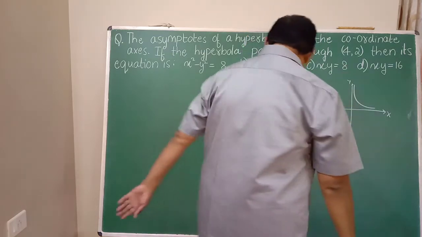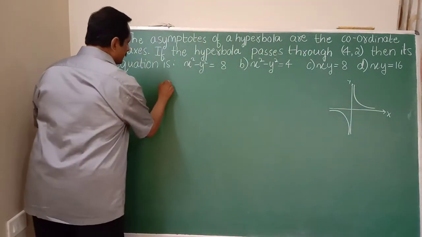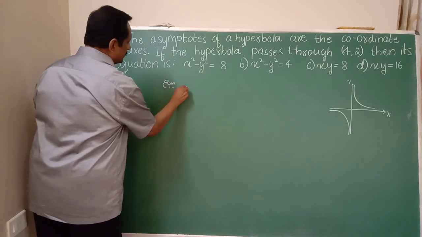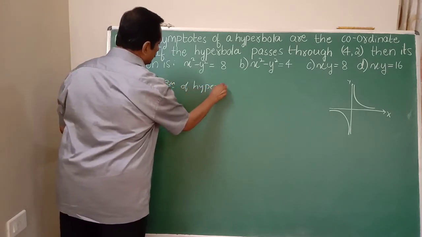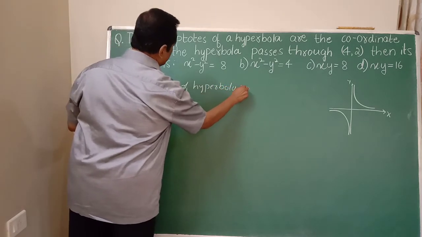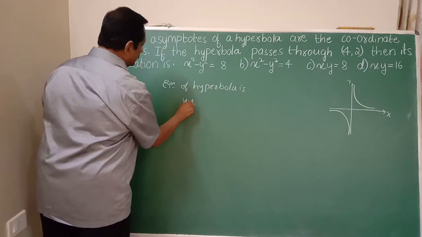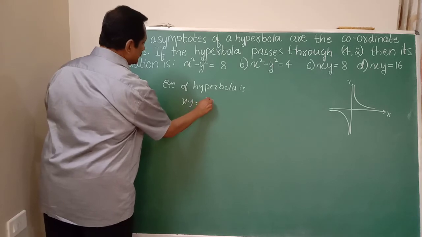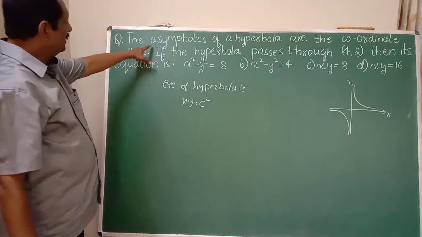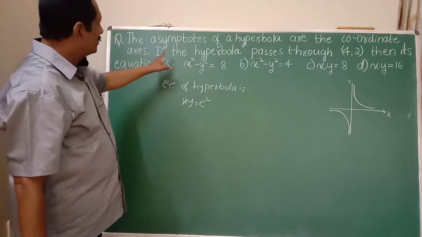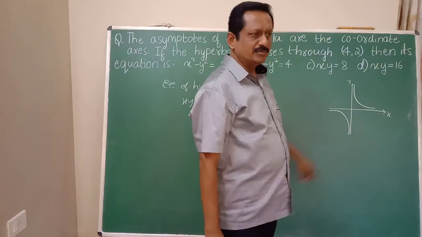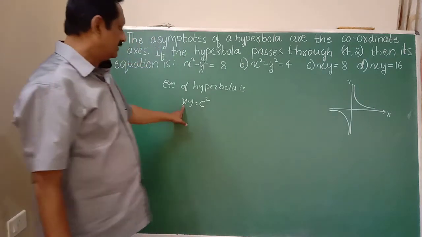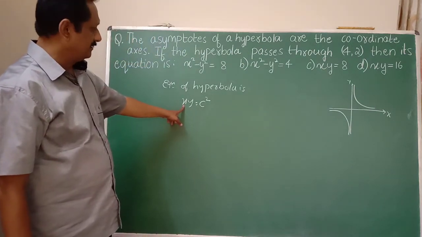In that case, the equation of the hyperbola is xy = c squared.